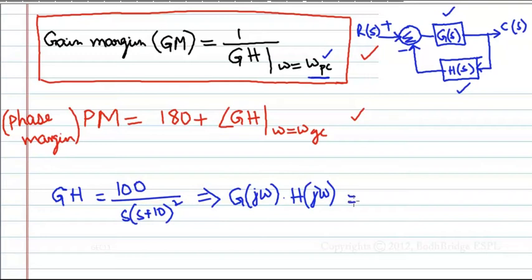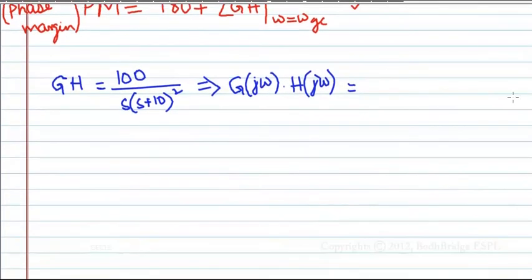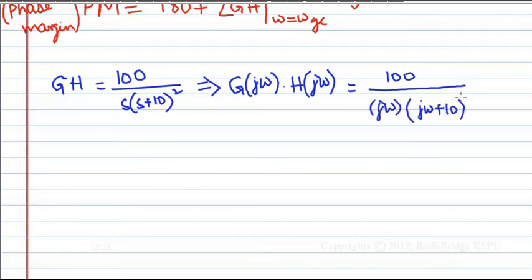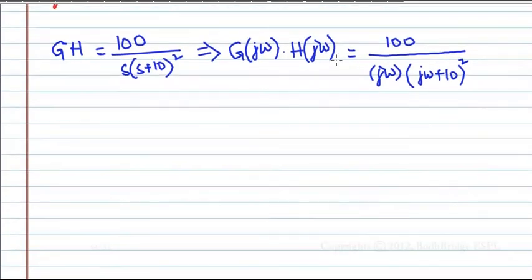That is, the S domain is transferred to the frequency domain: 100 by j omega into (j omega plus 10) whole square, since s is nothing but j omega. What is the angle? The angle of GH is equal to 1 by j omega, meaning minus 90 degrees. What is the angle of the other term?